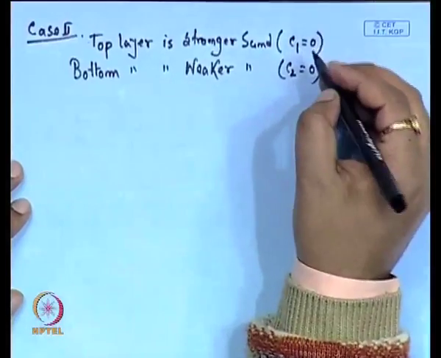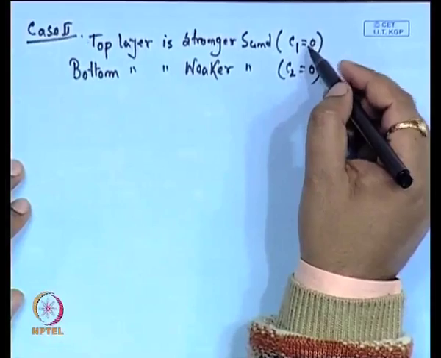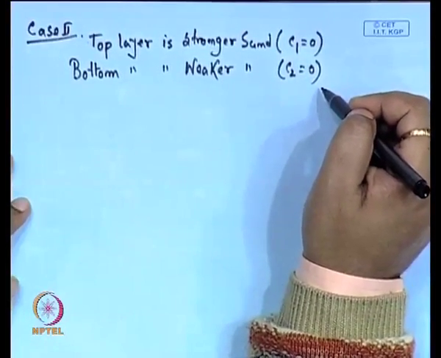In the first case C1 was 0 and phi 2 was 0. In the second case C1 is equal to 0 and C2 is also equal to 0.